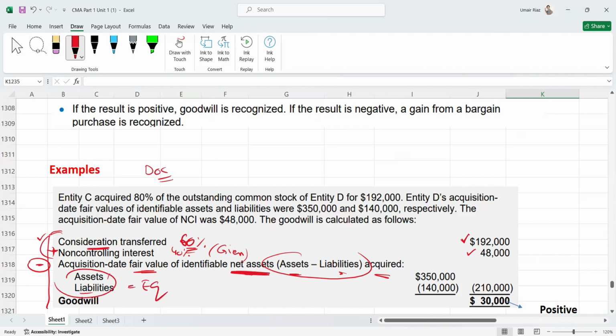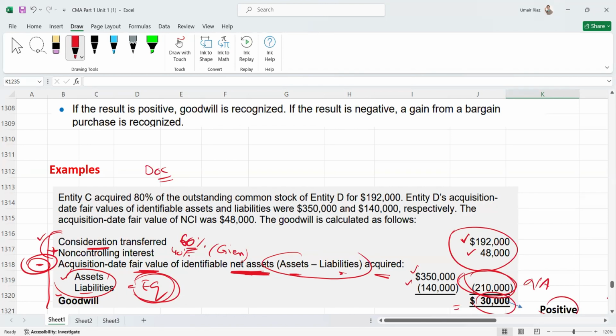That is why we deduct the fair value of net assets. If equity is not directly given, you can take assets minus liabilities. So this value minus net asset value: if the answer is positive, this is your goodwill. If the answer is negative, this will be your gain from bargain purchase.